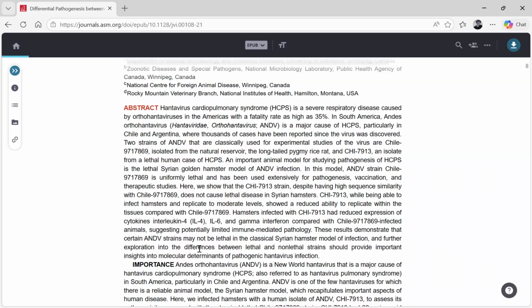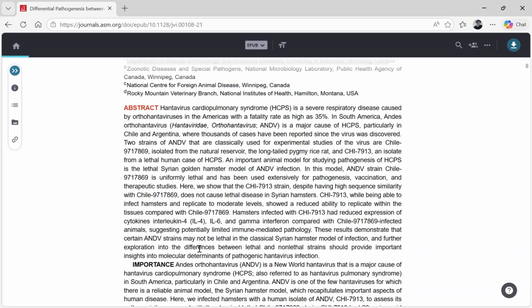of the Andes infection. In this model, Andes virus strain Chile-9717869 is uniformly lethal and has been used extensively for pathogenesis, vaccination, and therapeutic studies.